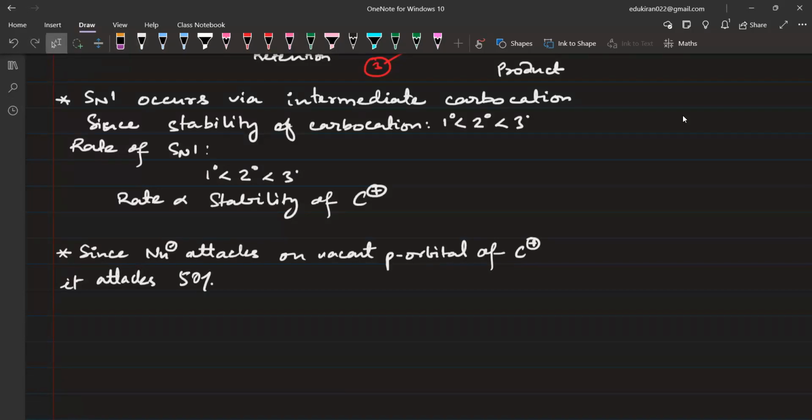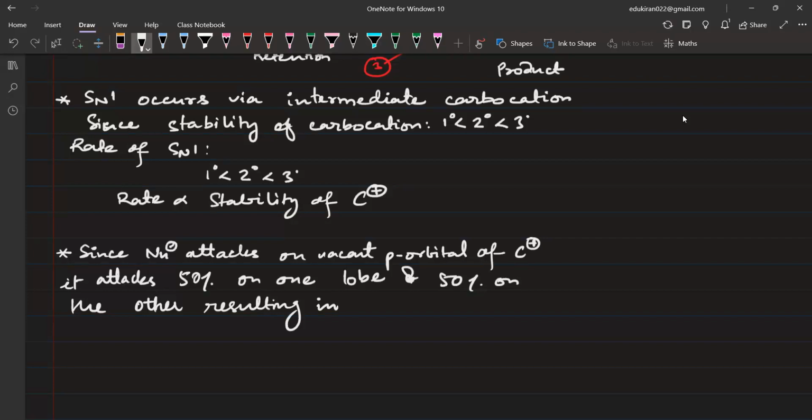It attacks 50% on one lobe and 50% on the other, resulting in 50% inversion and 50% retention.